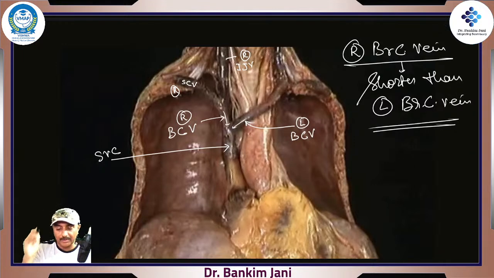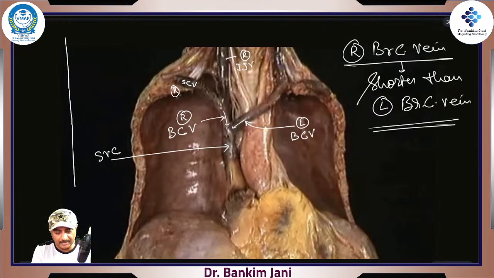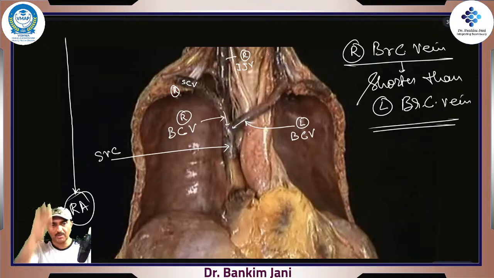But one important thing is that if you really see the internal jugular vein, all the way it becomes brachiocephalic vein and all the way superior vena cava, and it enters into the right atrium. The path is almost straight. So if we measure any pressure over here, it would actually reflect the pressure of the right atrium, because it is almost straight.